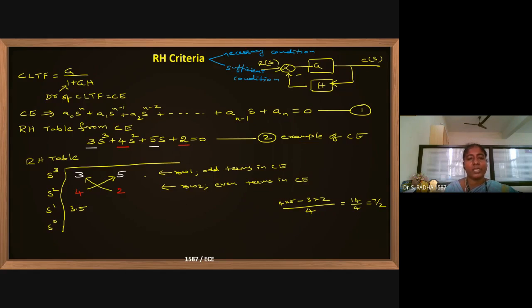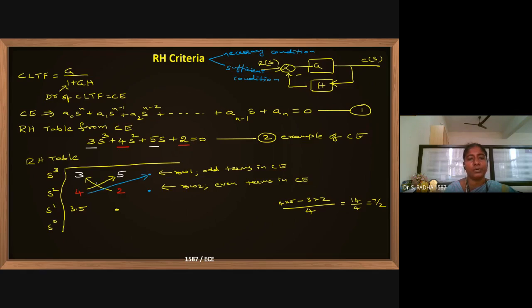Now, going to the next element calculation. For the next term, I have to proceed like this. Here no elements are present, and if there is no element, it is 0.